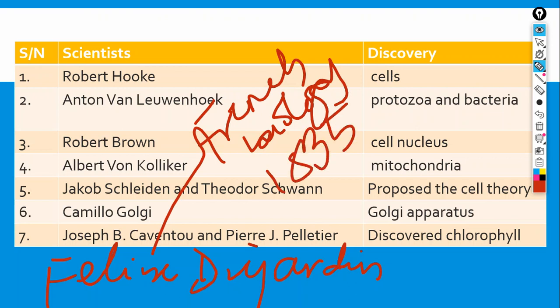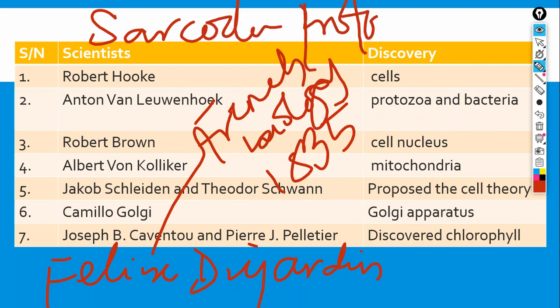He discovered that cells have a particular content, and he named that content sarcode, which was later named protoplasm. What we know as protoplasm right now: proto means early, and plasm means covering.